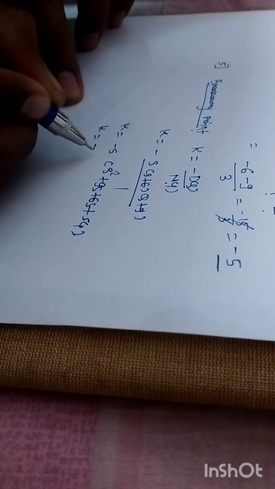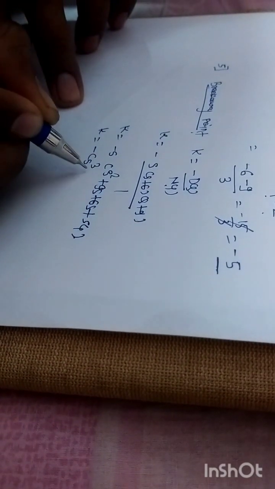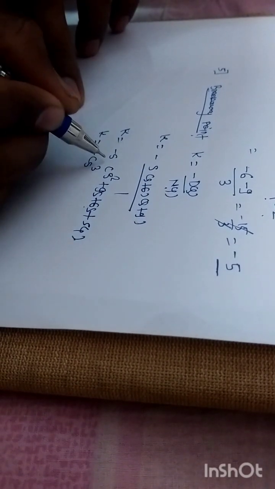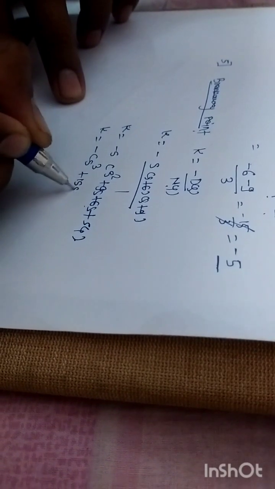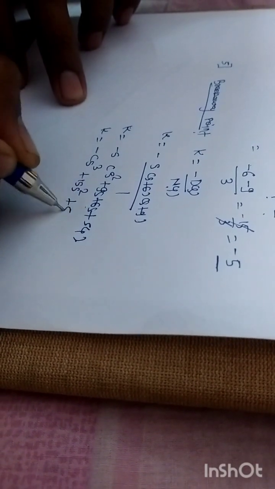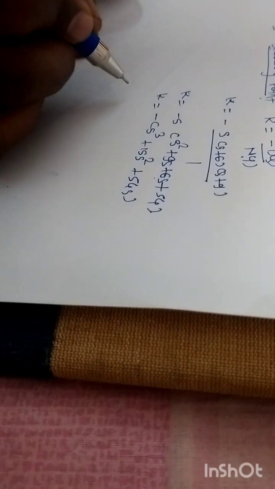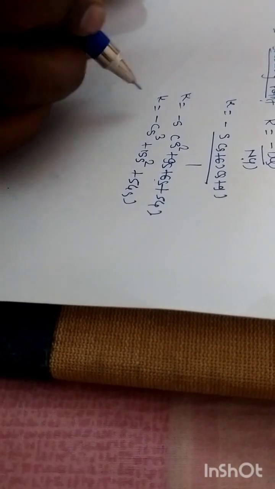So it will become minus of s cubed, and 9 plus 6 is 15, so 15 times s square plus 54 times s, right? Once we have this simplified equation, we need to differentiate K with respect to s.